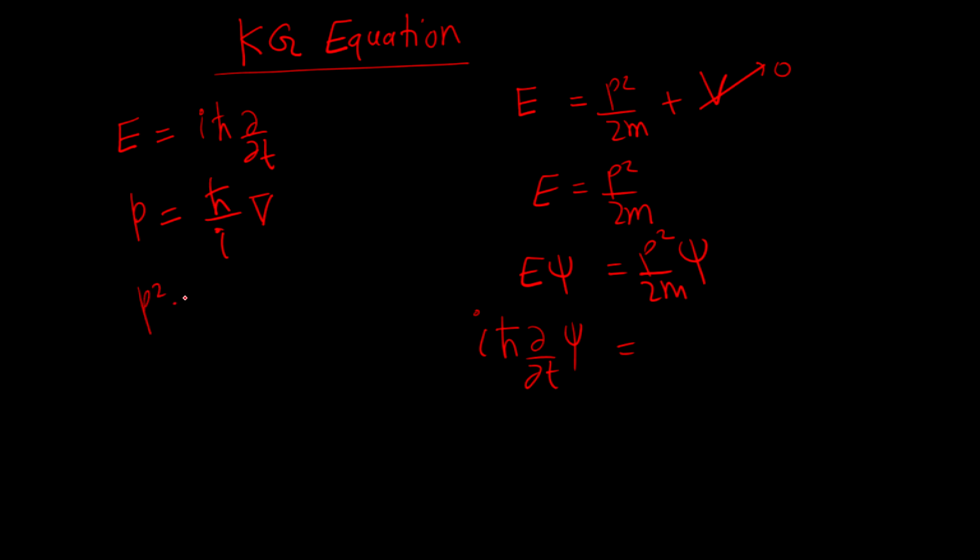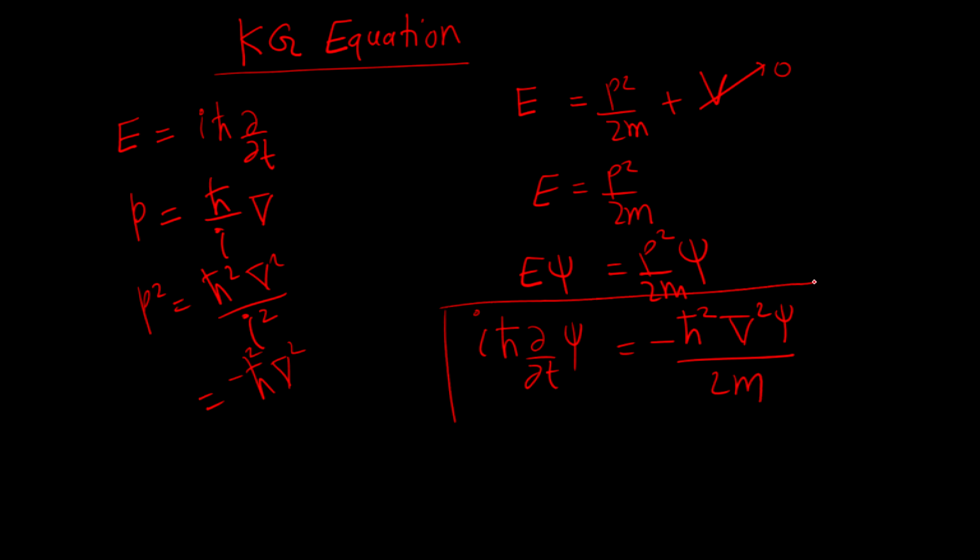We can write p² = ħ²∇²/i², and we know that i² is minus 1, so I will just write ħ²∇² with a negative sign. So with a negative sign, ħ²∇² acting on psi over 2m.